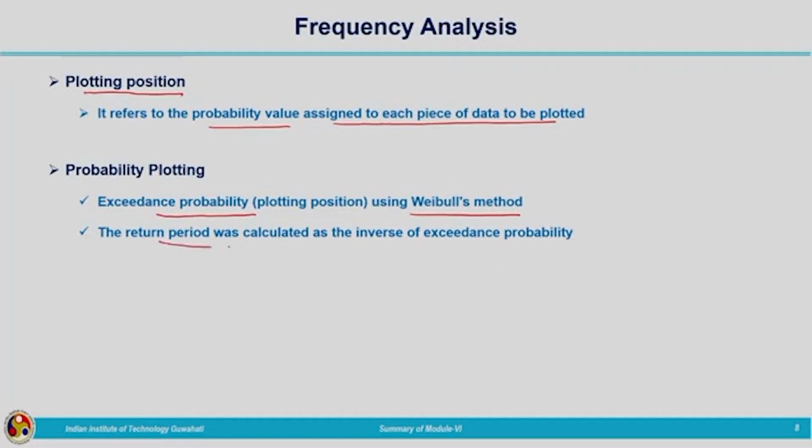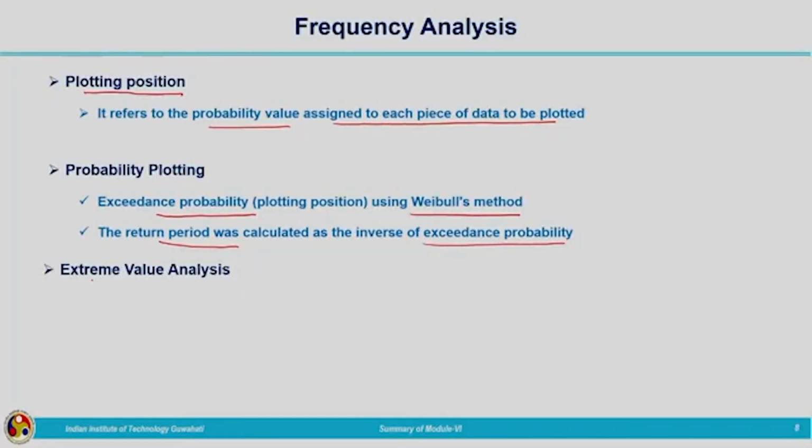After calculating the return period corresponding to the exceedance probability, we plotted it, that is, the magnitude of the event versus the return period. Corresponding to any return period, we can find the magnitude of the event by interpolation or by extrapolation.